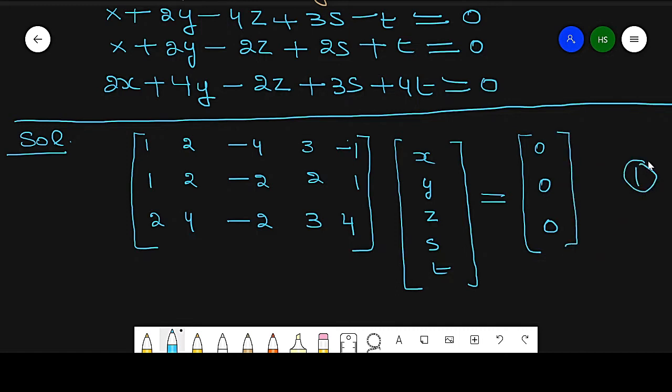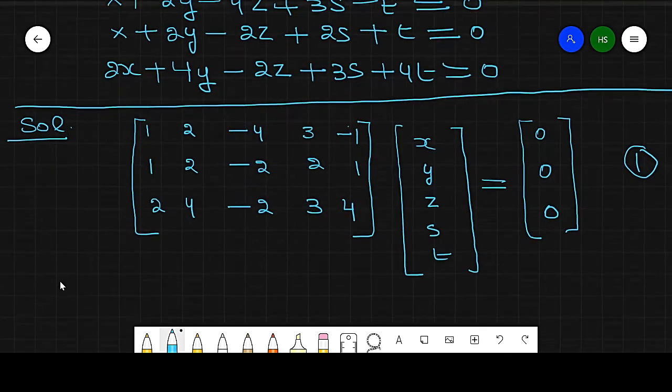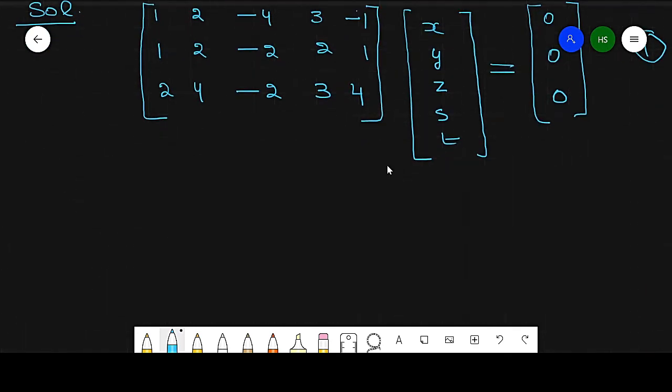So this equation can be written in the matrix form Ax equal to 0.